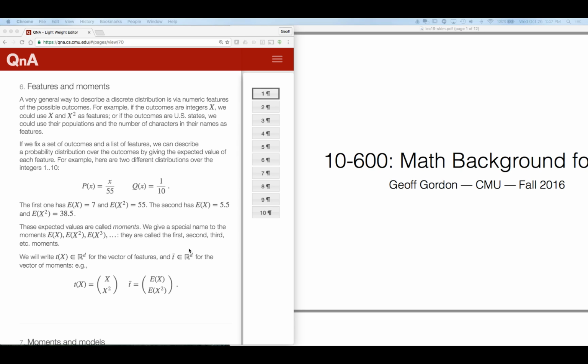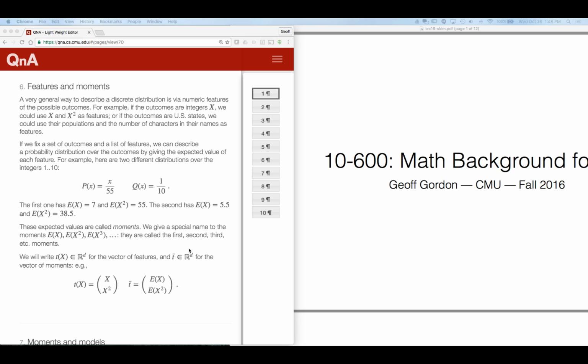And so this description in terms of features, it's both a blessing and a curse, right? It's a blessing because it's very flexible. You can do it with just about any data type that you can think of, right? Binary trees, hash tables, any discrete data structure you can think of.